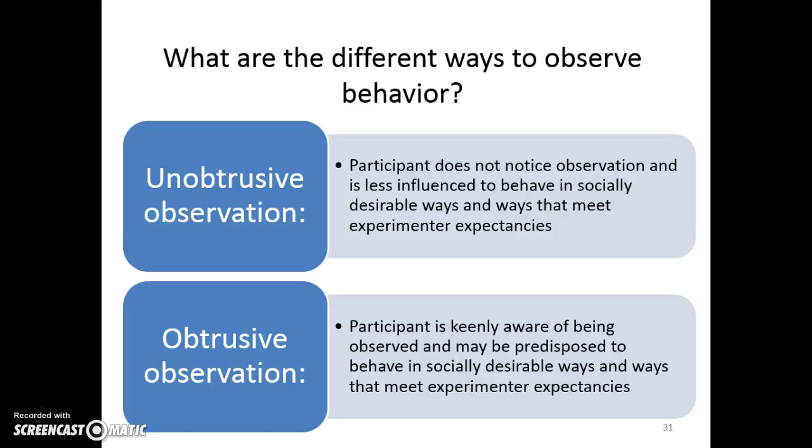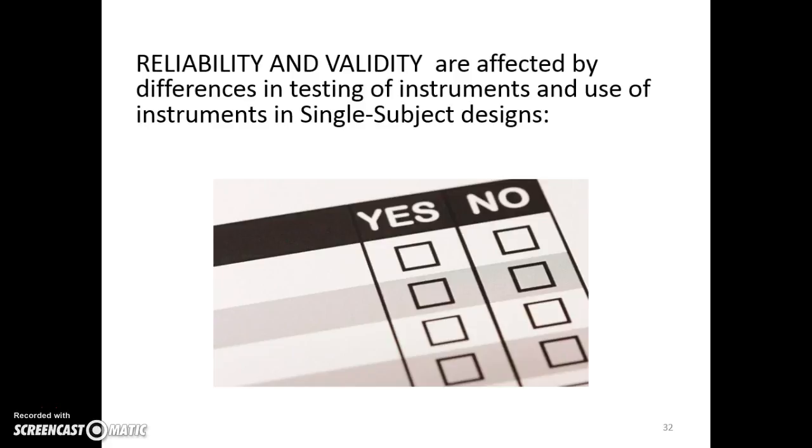It can be unobtrusive, which means maybe the participants don't notice that you're observing them, or they could be very, very clearly aware. So you just have to look at what is it you're trying to observe, what's the best way to observe it. Now, we also have to think about reliability and validity.